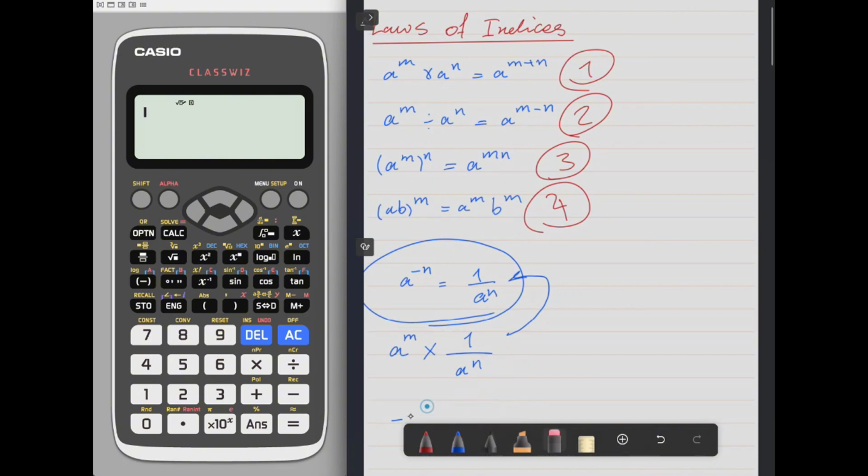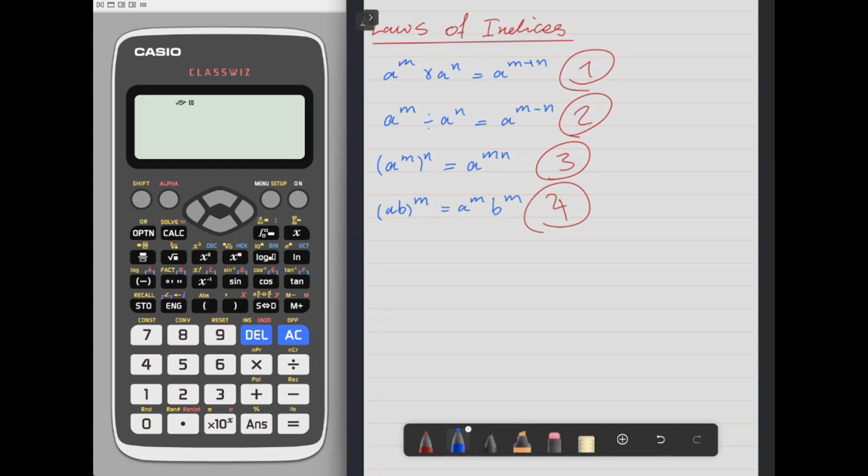And guys, just for you to remember this, I'm going to mention it once again. For these first two laws, the law of addition of the indices and the law of subtraction of the indices, the bases need to be the same.